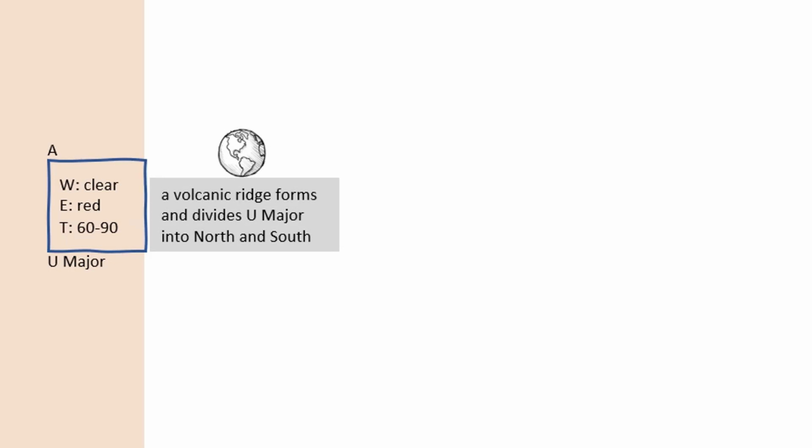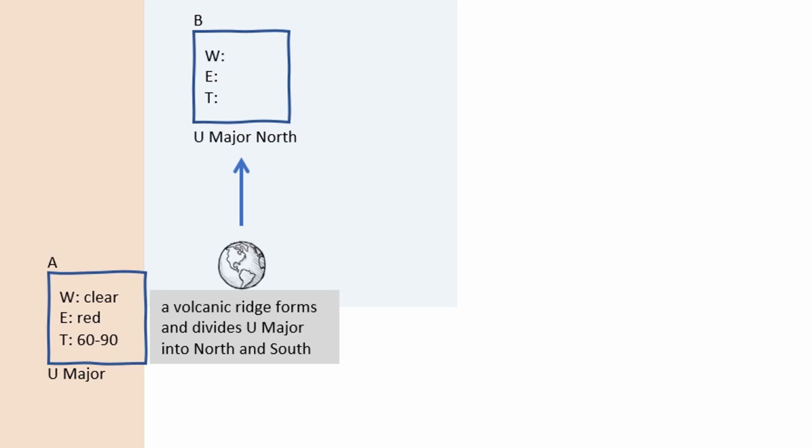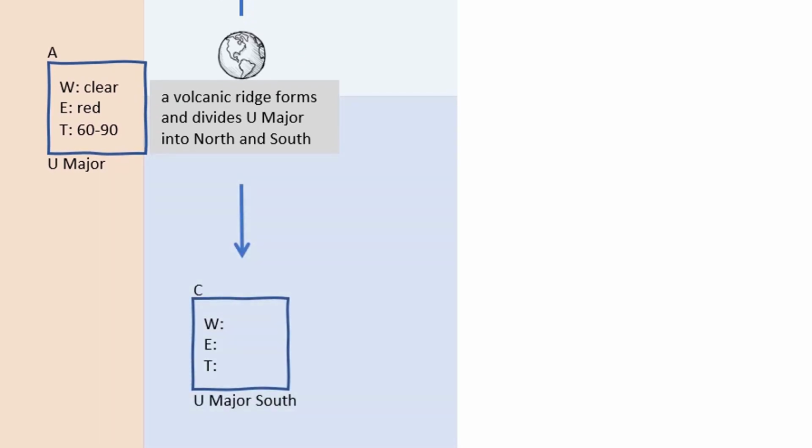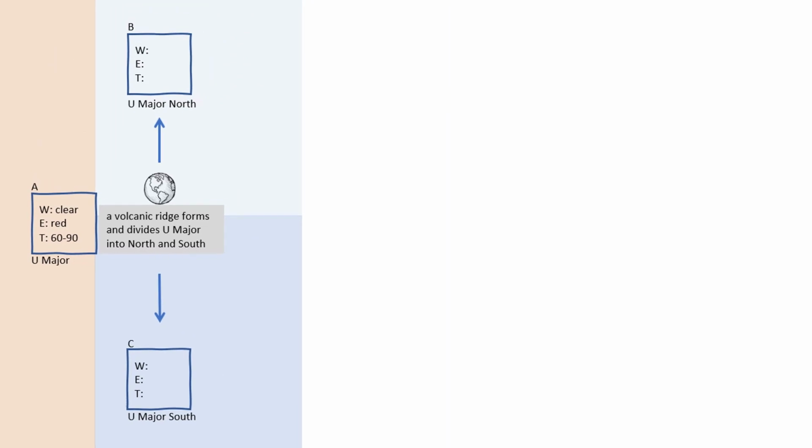This divides population A into two. Population B inhabits the north, which I'll color in light blue. And population C inhabits the south, which I'll color in darker blue. Pause the video here and fill in the traits for these new populations, B and C.